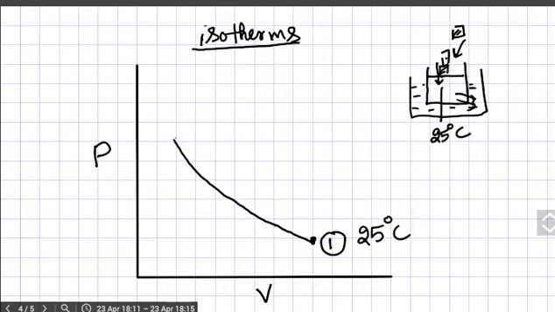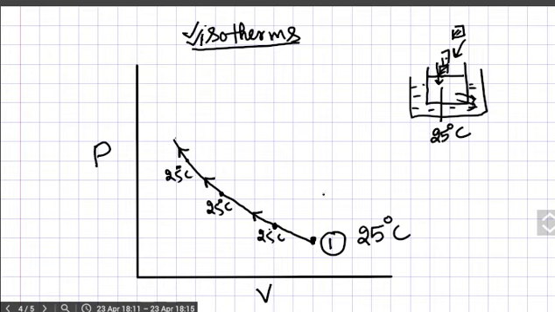For example, at this point, if you measure the temperature, it will be 25 degrees centigrade. Here you measure the temperature, it will again be 25 degrees centigrade. Here again. So this path is called isotherm. Isotherm means temperature is always constant, and gas will always behave this way. It will trace a particular path on the PV diagram.